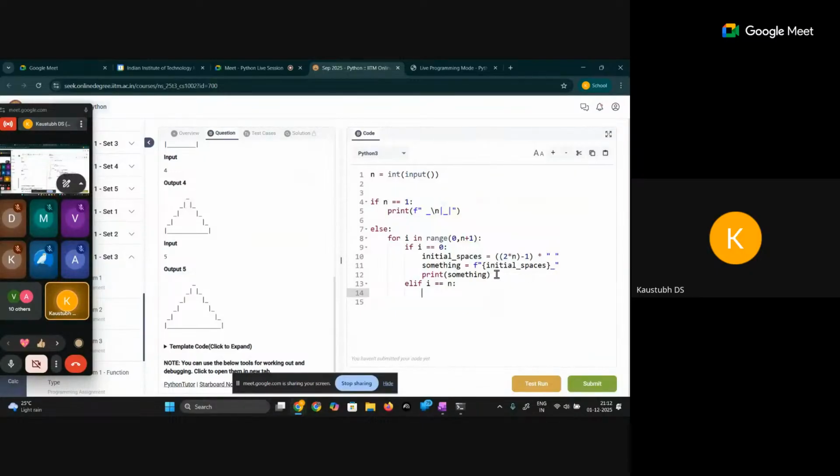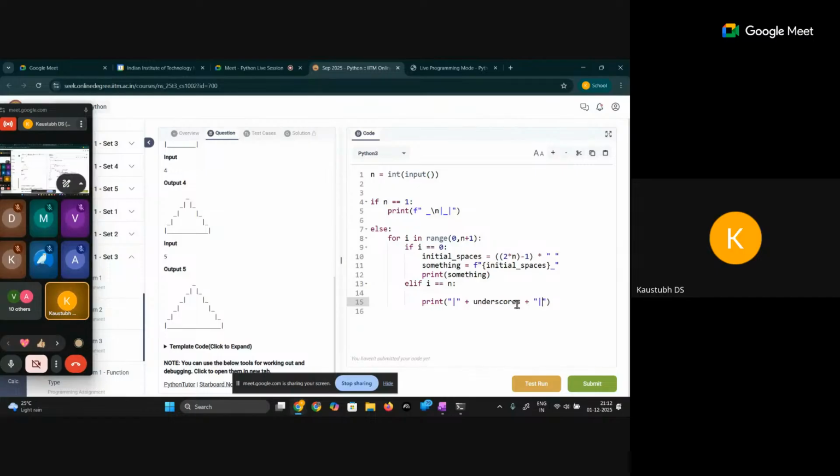Now, what is our final line? Our final line is again a pipe and underscores, 9 underscores in case of 5. So we are printing pipe plus underscores and then another pipe.